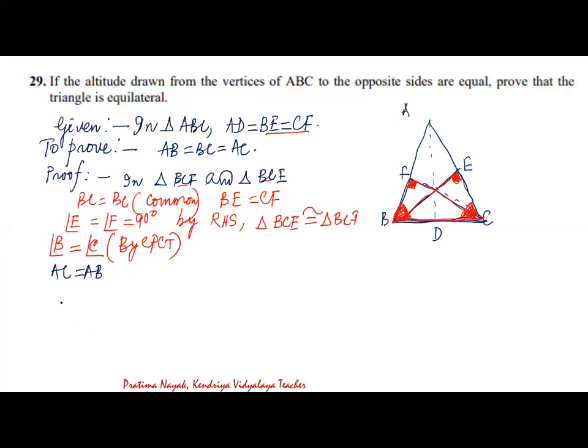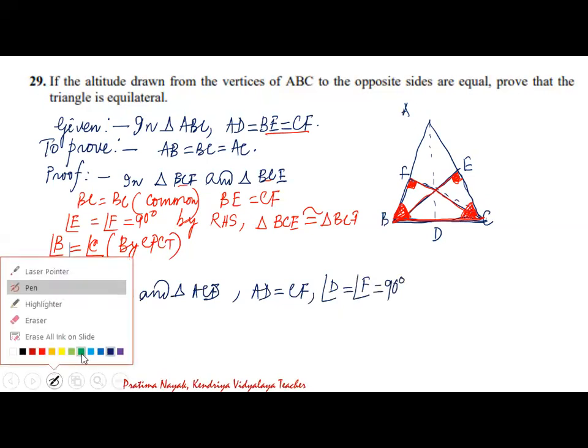Next I'll go for, I won't write all the things, I'll mention triangles ACF and ACD. In triangles ACF and ACD, AD is equal to CF, and angle D is equal to angle F, which is 90 degrees.